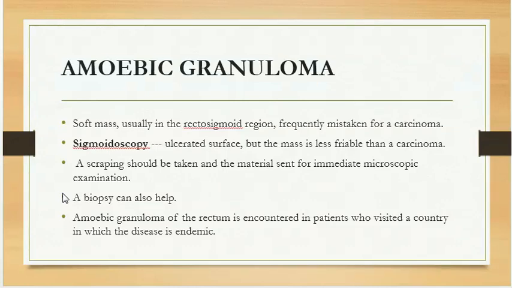A biopsy can also be helpful in these patients with amoebic granuloma. Amoebic granuloma of the rectum is encountered in patients who visited a country in which the disease is endemic. So, tropical countries. Here in our setup it's not a very common presentation, but amoebiasis is there in our setup also.